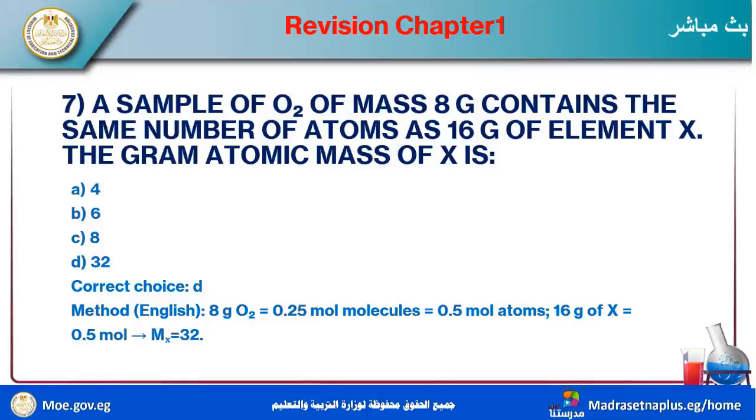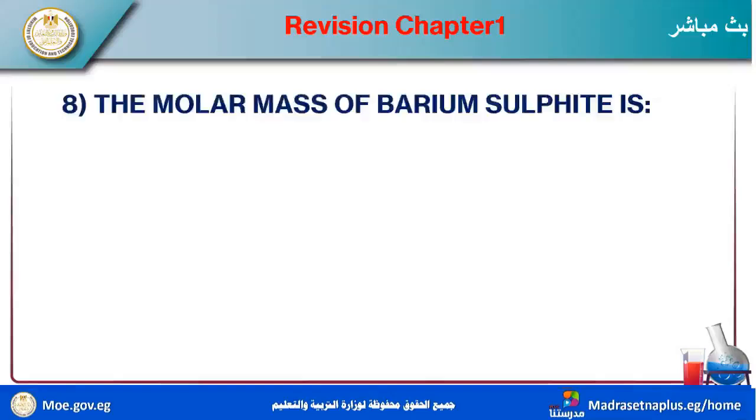Now we use the molar mass of anything you want, and you can calculate it by using the periodic table you have in your concepts paper. The molar mass of barium sulfate, BaSO4: you must have the molar mass of each component.